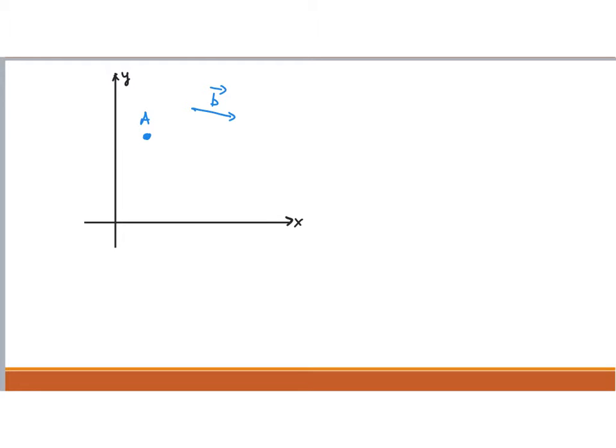So let's say that this point represents a particle that is moving at a constant speed, and its direction vector is a vector b. Suppose a sub 0 is its original location, and let's say that after 1 minute it is here at a sub 1.